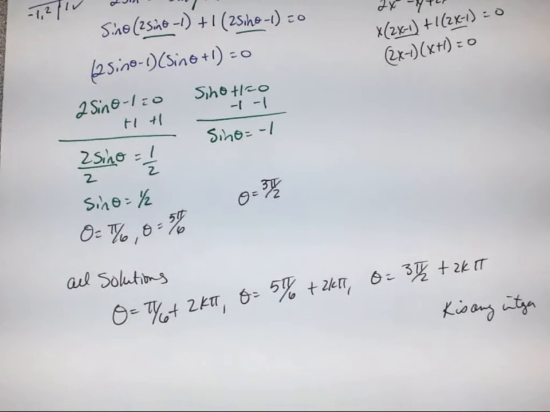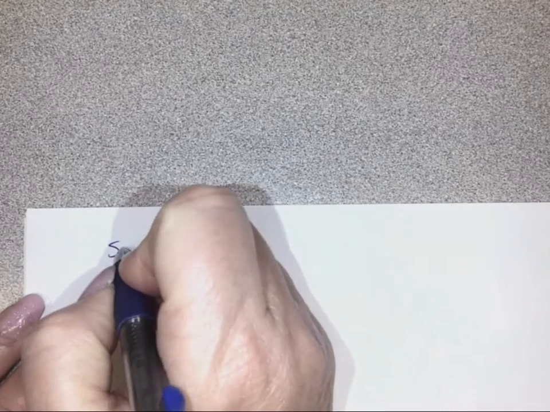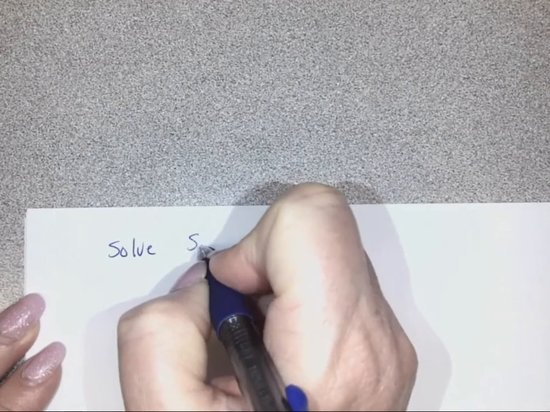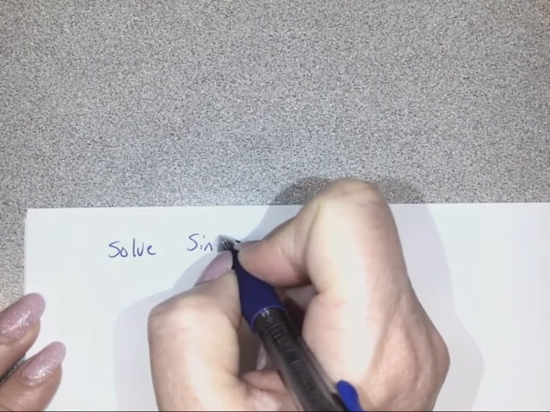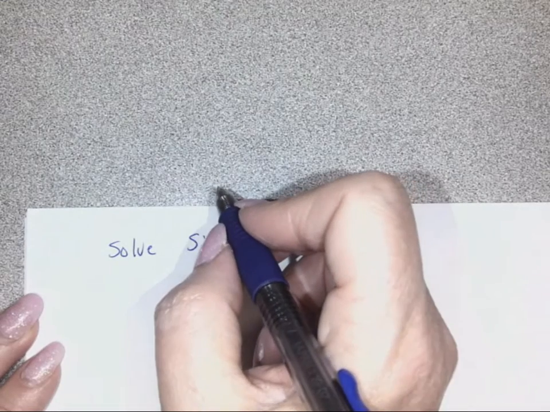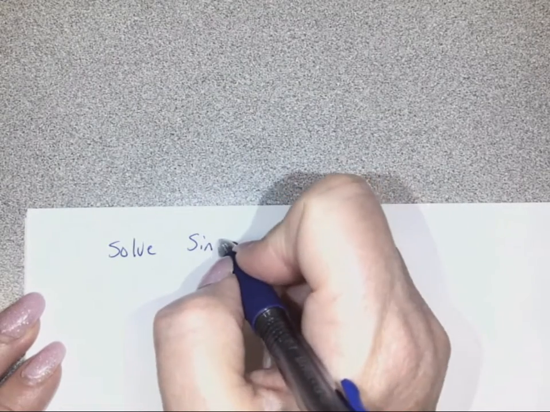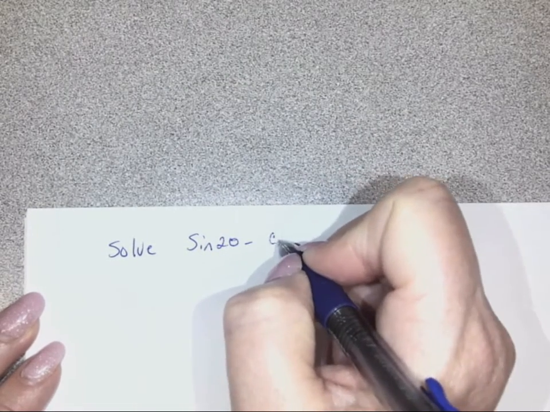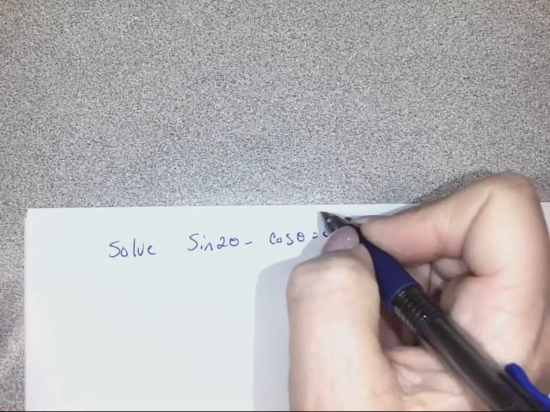All right, so let's go look at another example. So if we want to solve sine of 2 theta minus cosine theta is equal to 0.